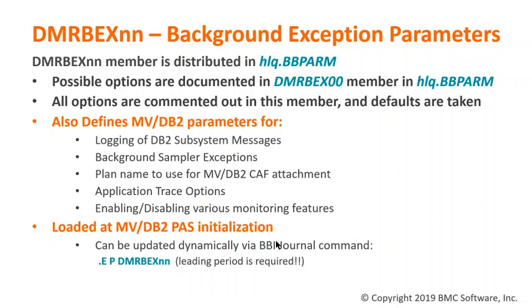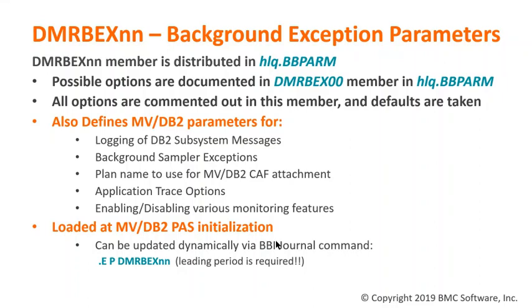be taken. In order to customize this member, you must copy it from the BBPARM dataset into your UBBPARM dataset, which is the user-modified MainView for DB2 parameter file, and make your modifications to your DMRBEX member in the UBBPARM dataset.